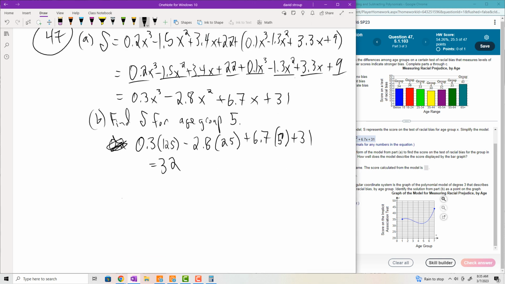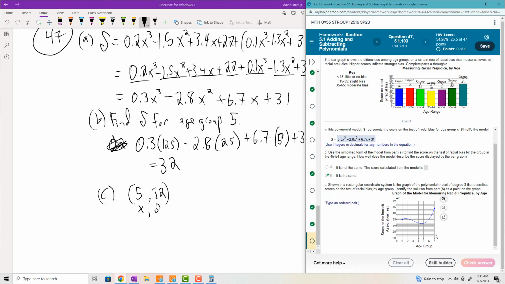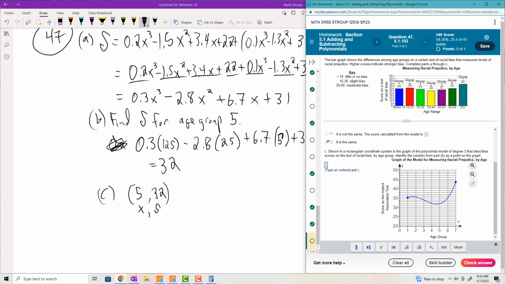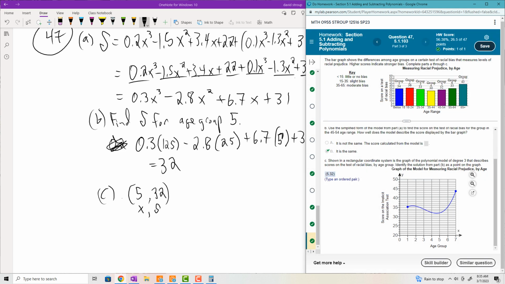And basically what you had done was plug 5 in for x. So you'll have an x comma S coordinate, so to speak. So when you plug in 5, you get out 32. So the ordered pair that you should see on the graph is 5, 32. So if you go to 5 and then go up to here, that should be 32. So I'll put it in as an ordered pair, 5, comma 32, and that should do it. Check. Okay.